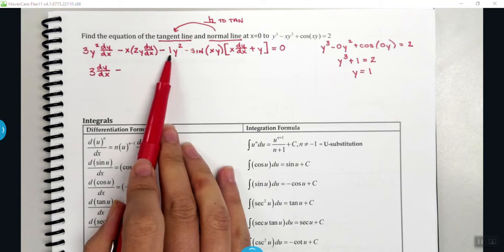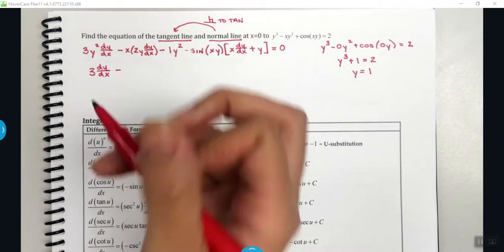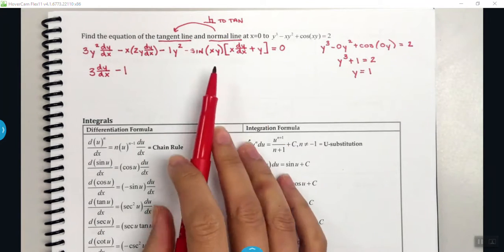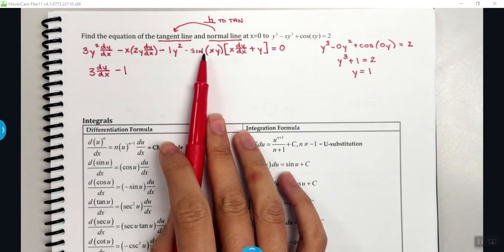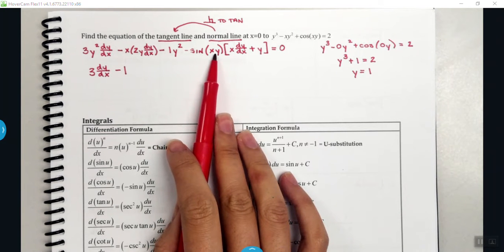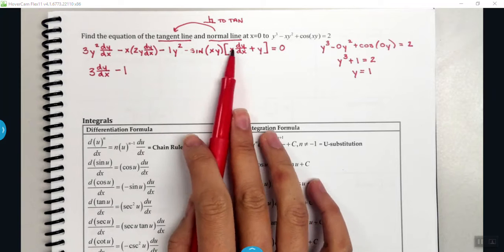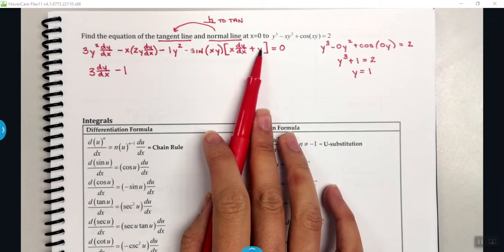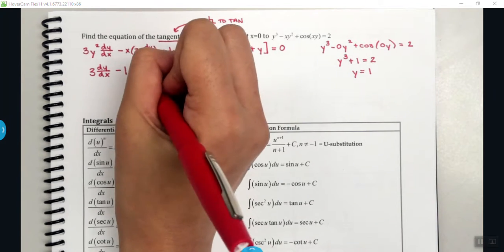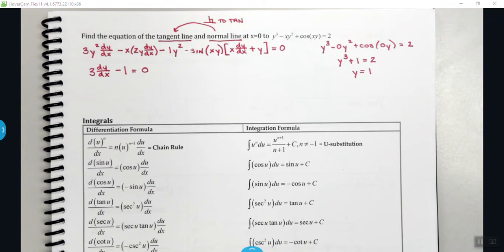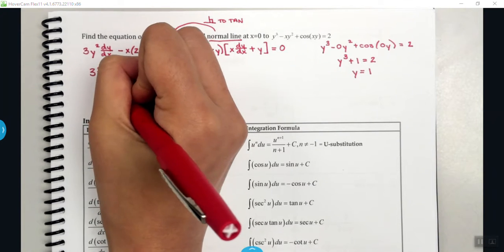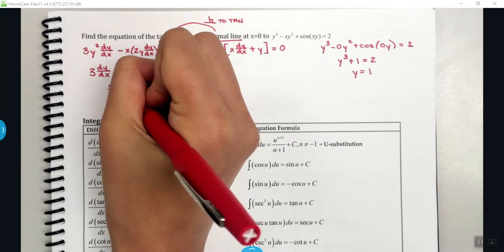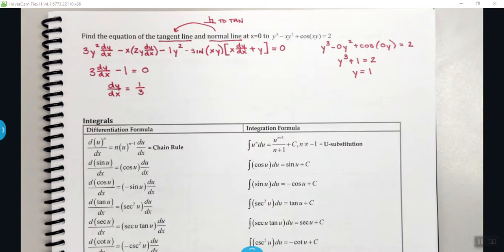And then minus 1 plugged in here, so it's minus 1. What's sine of 0? 0, so all of that is nothing. So equals 0. Much nicer. So 3 dy dx minus 1 equals 0. So our slope is 1/3, right?